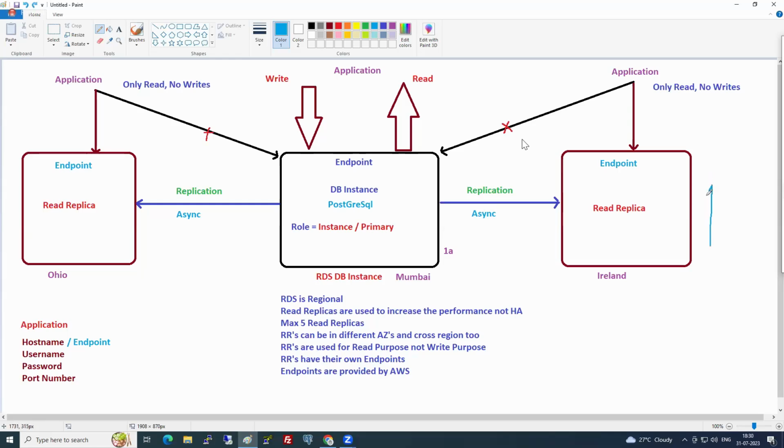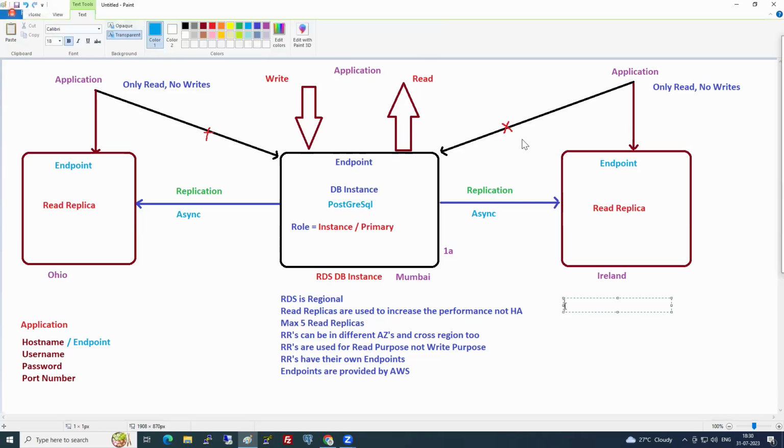If you promote it to a normal instance, will there be any replication anymore? No. So you can promote read replicas to normal standalone machines. We can promote a read replica to a standalone DB instance.